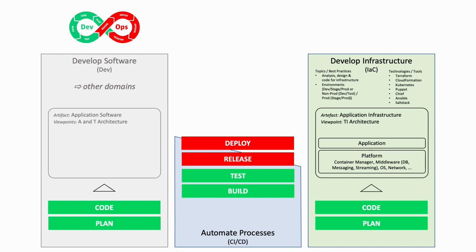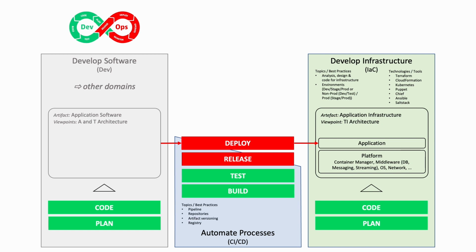CI/CD thus connects the 2 aforementioned worlds of software and infrastructure development, and all the tasks mentioned also apply to both types of code, software and infrastructure. And deployment is precisely the last step that transports the application software from the left into the application layer of the application infrastructure from the right.